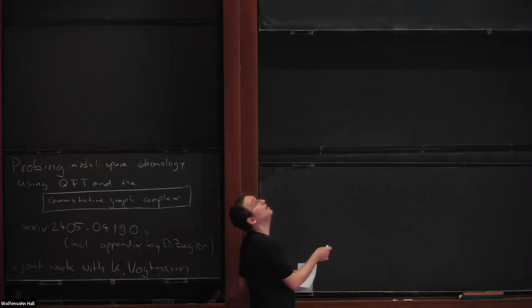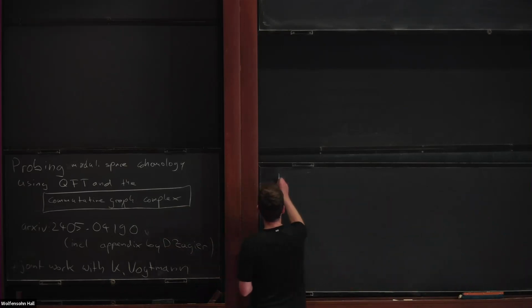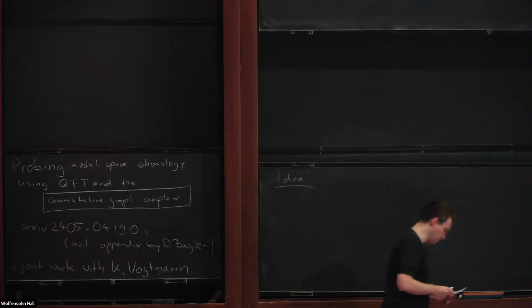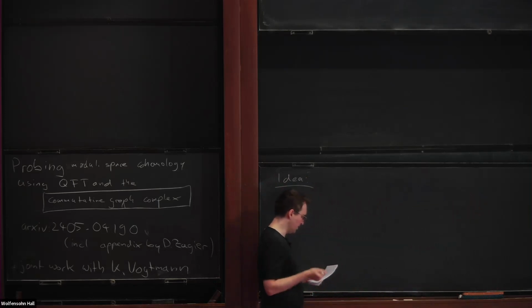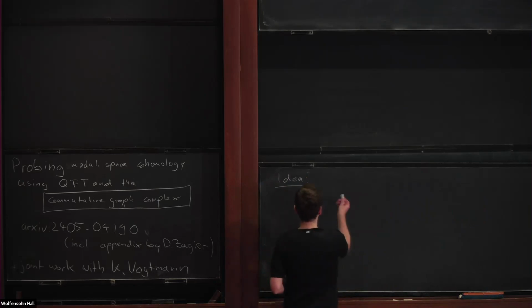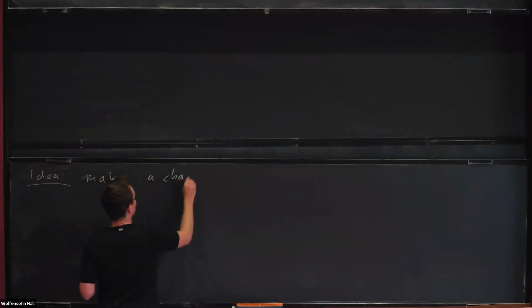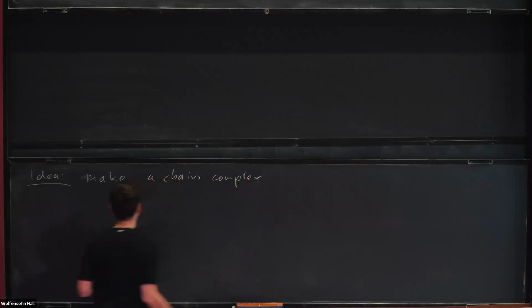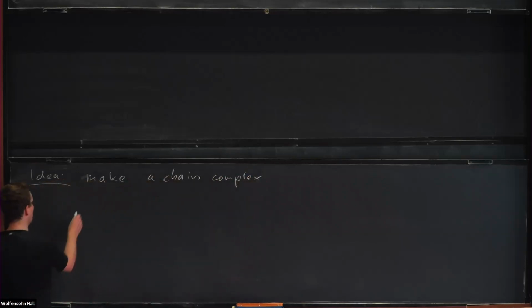I'm going to give some rough idea, to not lose everyone if I start with a definition, but I will give the concrete definition later. The idea is to just make a chain complex, and we want the chains to be graphs.